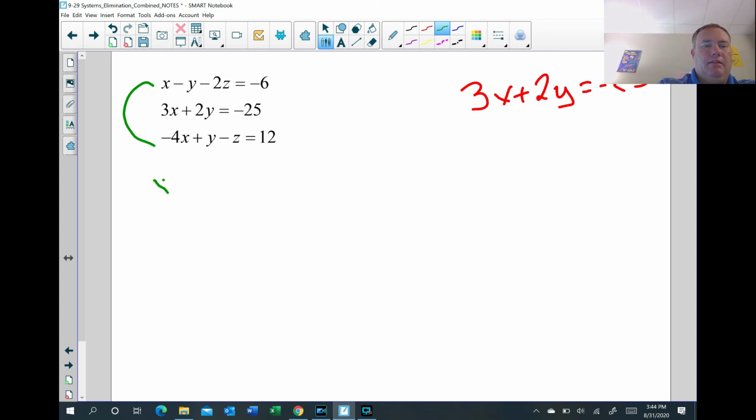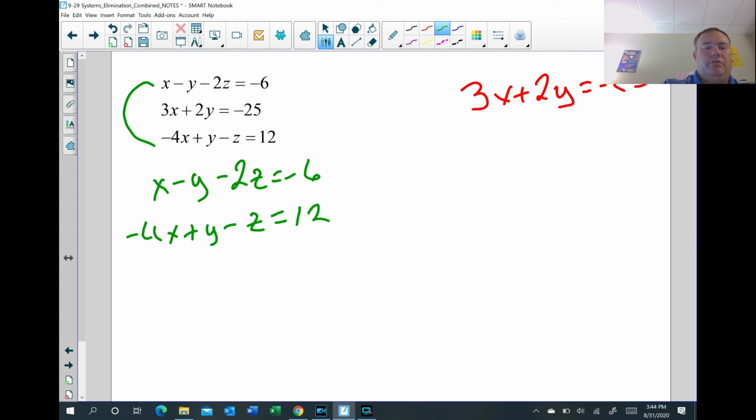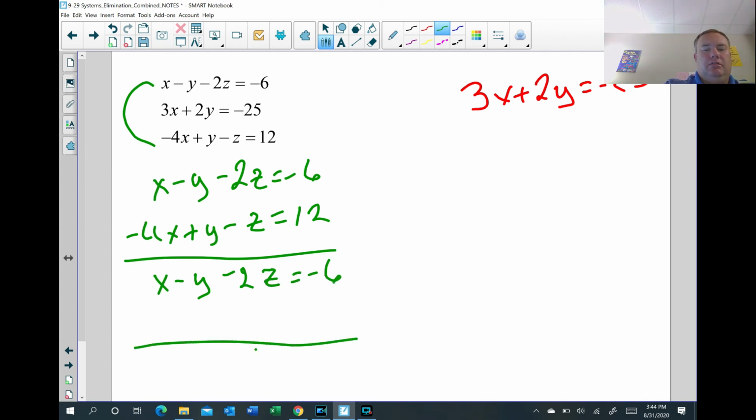So I'm going to write both of those down here. x minus y minus 2z equals negative 6. And you got negative 4x plus y minus z equals 12. So if I'm looking at this, the common multiple is going to be 2. The first equation is not going to be changed. Leave that one alone. And I know I want to eliminate z, so I know I need a 2z here.